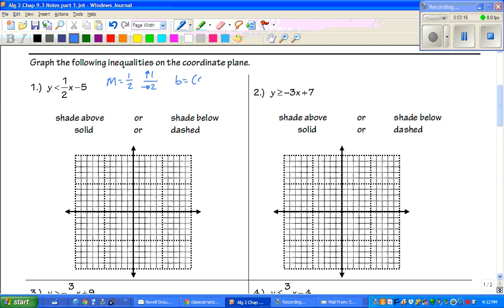And our y-intercept is (0, -5). That's where I get the slope from, and that's where I get the y-intercept from. Now, looking at that symbol, that's the less than symbol, which means that I shade below. And it's less than, which means it's dashed.